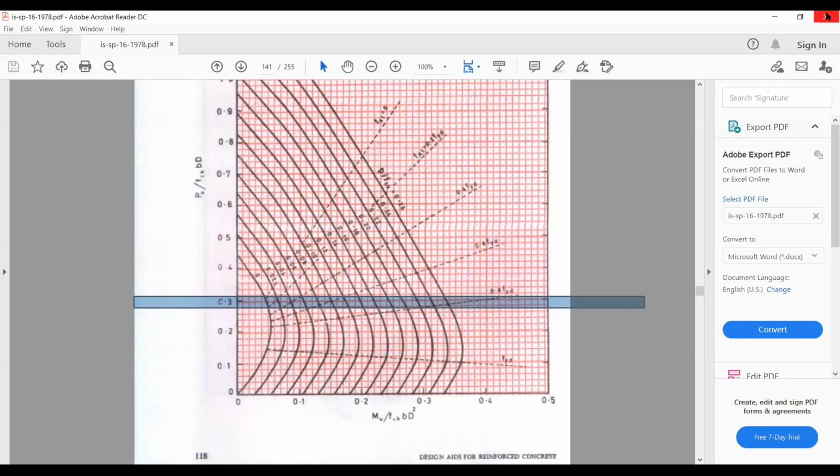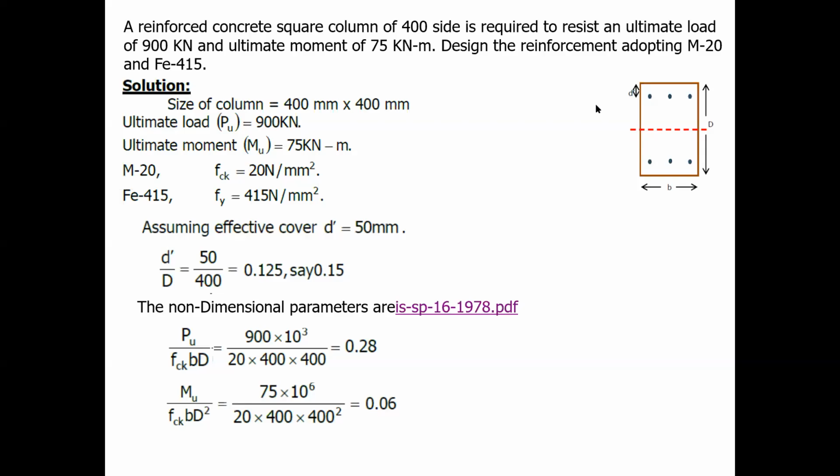So take down P by FCK. Slide is visible now?